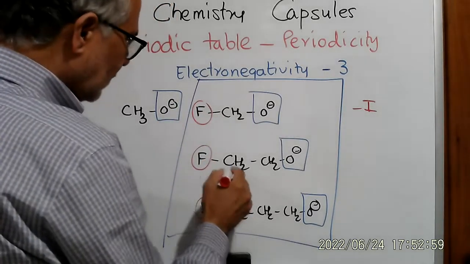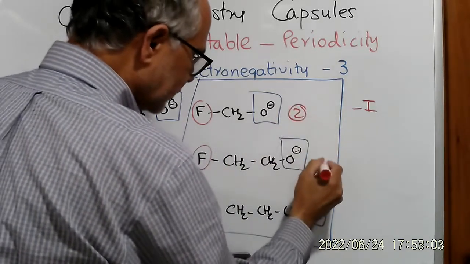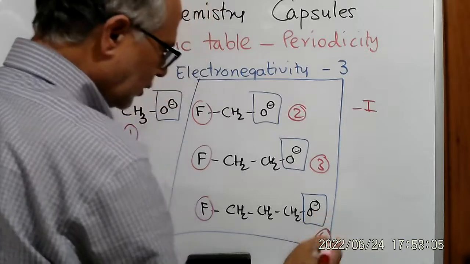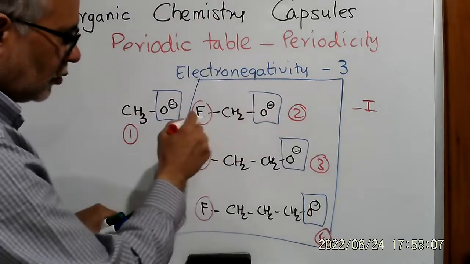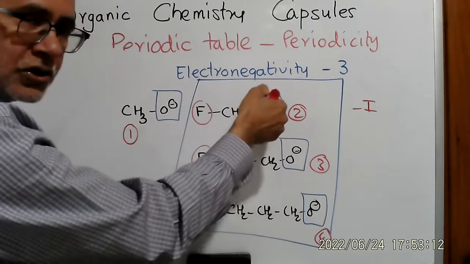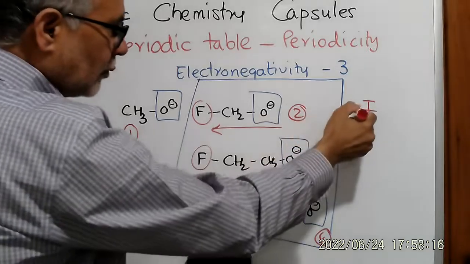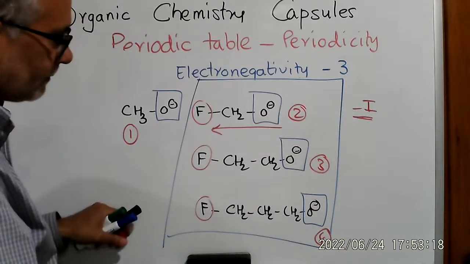I'll just number them ion 1, ion 2, ion 3, ion 4. In ion 2, fluorine is closest to the oxygen and the negative charge, so it will have the most minus I effect.